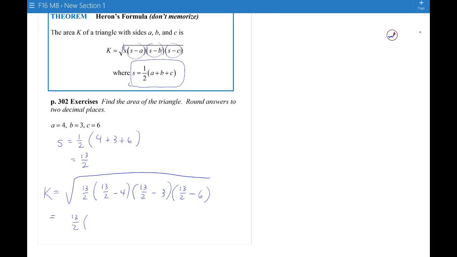So I'm going to have 13/2, 5/2, 7/2, and 1/2. Square root of that. And now I'm going to get an approximate because I'm going to do this on my calculator. And I'm getting about 5.33 square units. So this is going to be a pretty easy homework assignment. And that's all there is to this section.